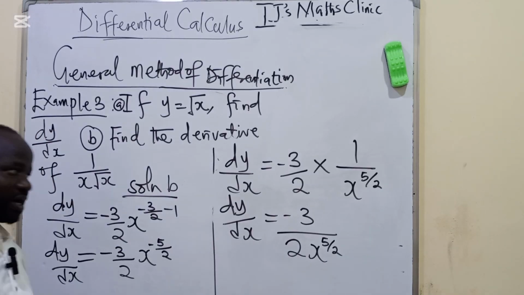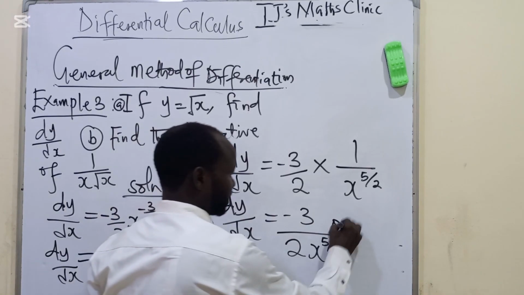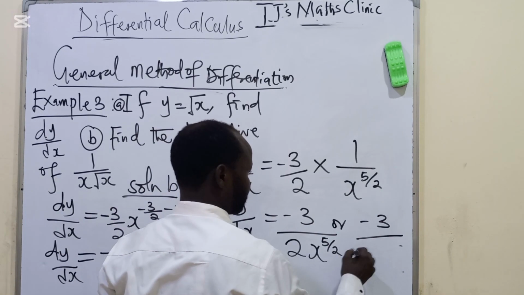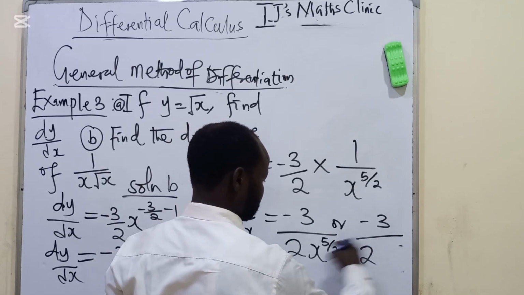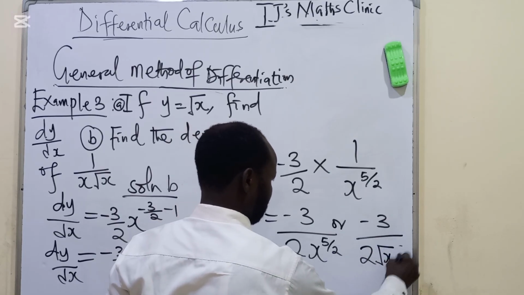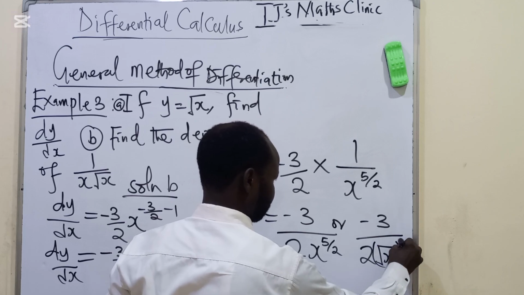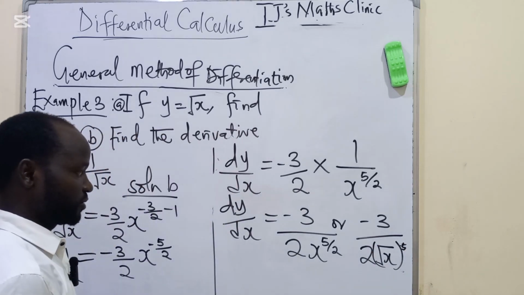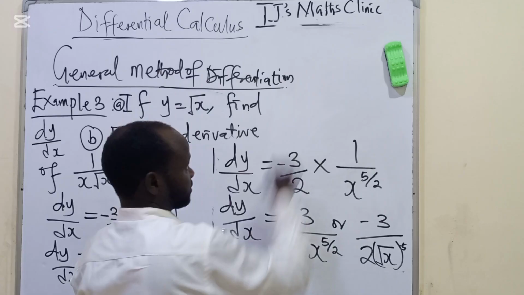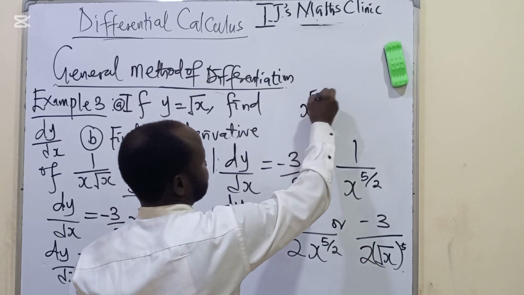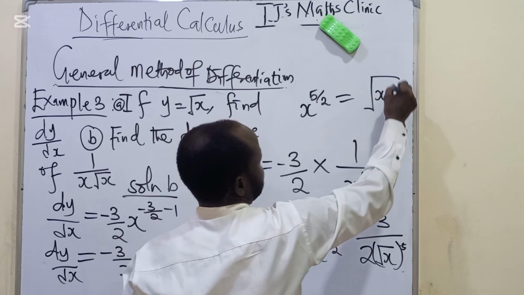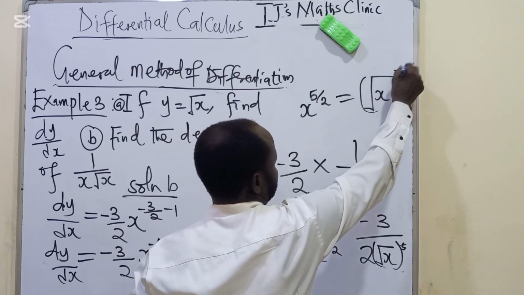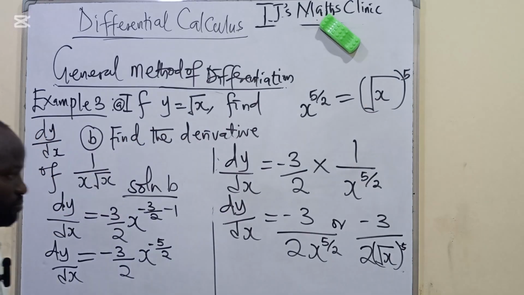We may decide to leave our answer like this, or we can write this as minus 3 divided by 2 root x all to the power 5. Very important. We can write it like this. When we have x power 5 divided by 2, the denominator 2 means root x all to the power 5. So this is said to be the solution to B.